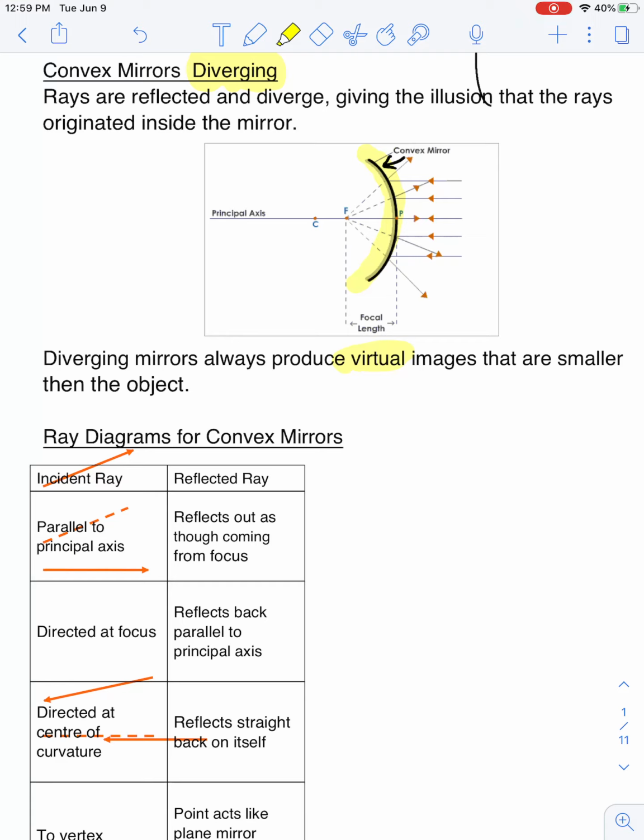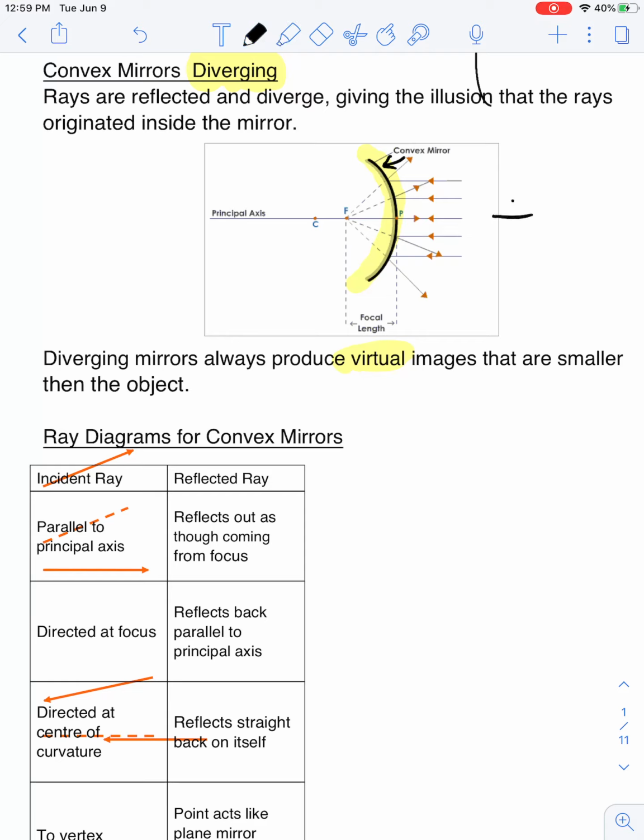To do these ray diagrams is a bit different than what we were doing yesterday, but you're still going to say to yourself, parallel focus, focus parallel, because that's what you're going to be using the vast majority of the time. The odd time when you can't use that one, you will probably use the fourth one where you reflect the ray to the vertex and bounce it off using angle of incidence equals angle of reflection.